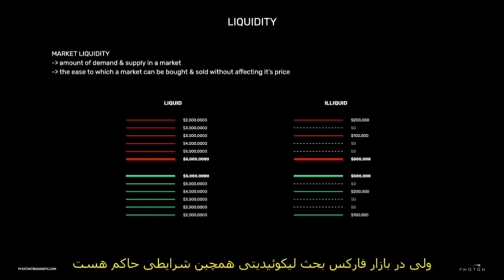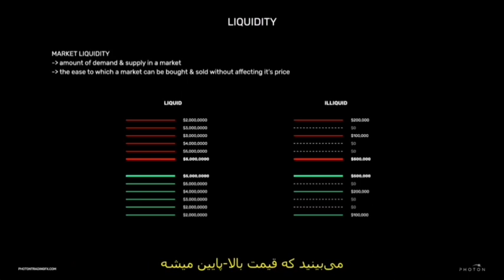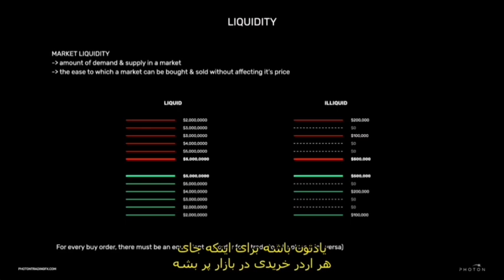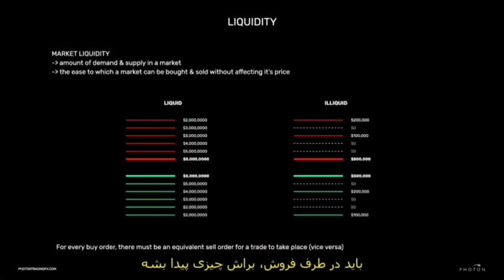But in the FX market, illiquid market conditions are pretty much where you're going to very often see price gapping, either up or down, to fill the next best available order, wherever that may be. Because remember, for every buy order in the market to be filled, it must be matched with an equivalent sell order, and vice versa.